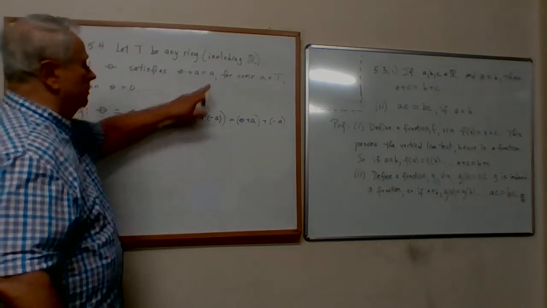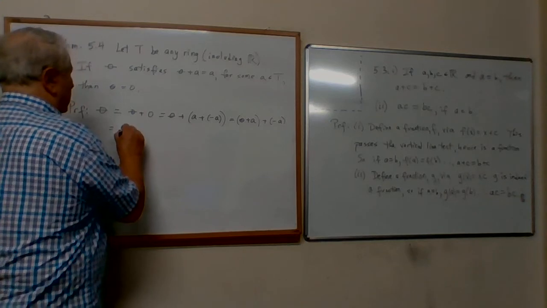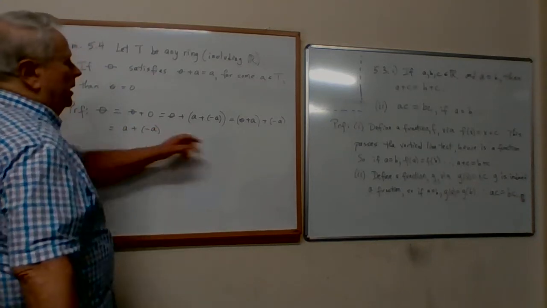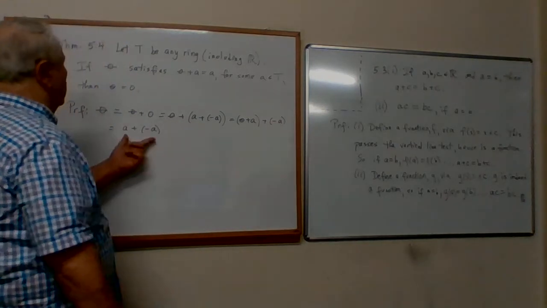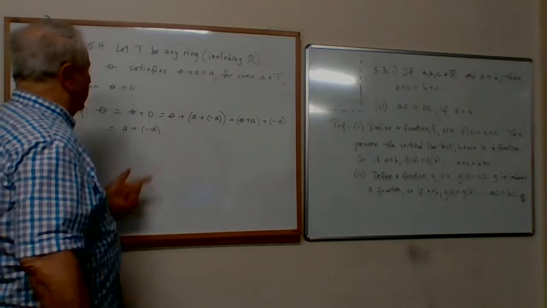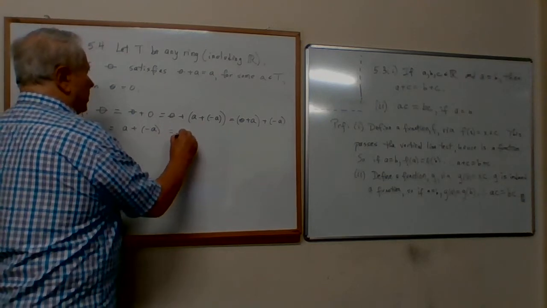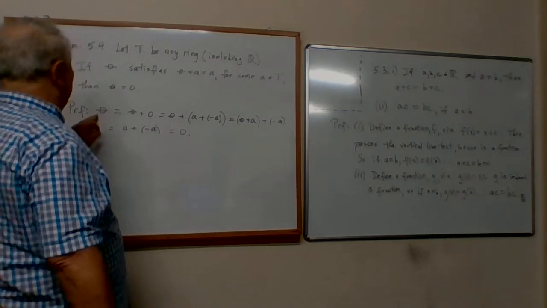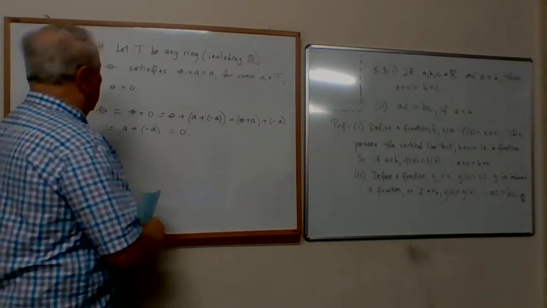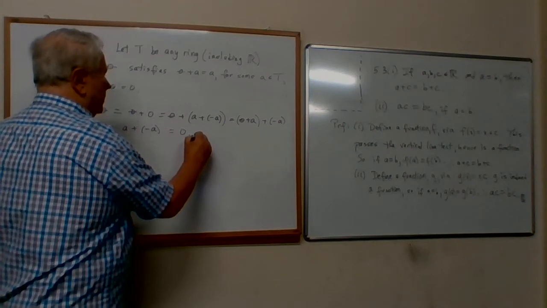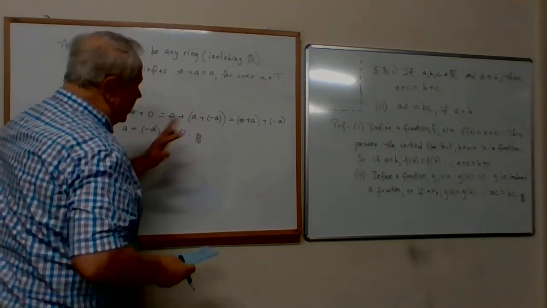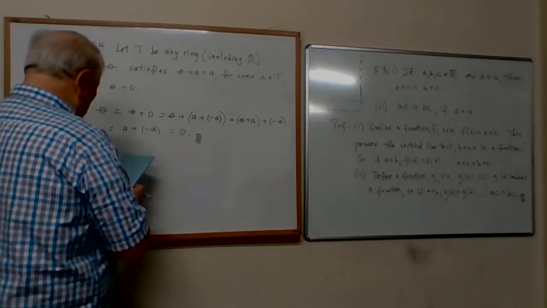It's A. And oh yeah, negative A. But what's A plus negative A? Same thing it was here. It was 0. So this is equal to 0. So what do we have? Theta equals 0. That is the end of that. So sometimes a little trick will get us where we want to go.